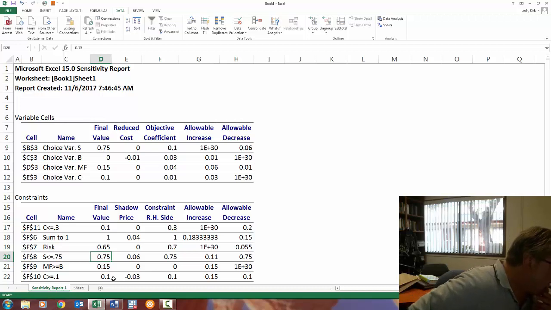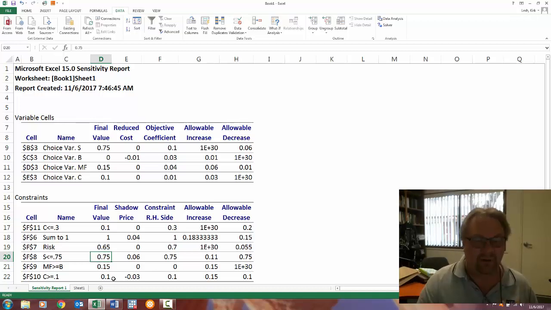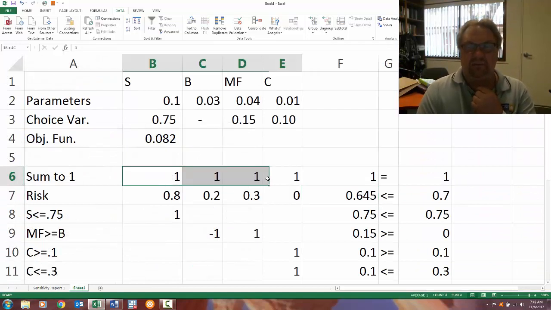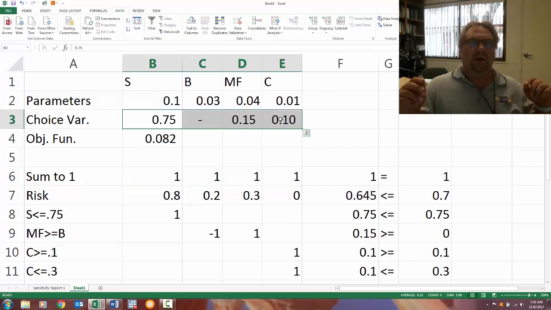E, what is the advantage of defining the decision variables as is done in this model rather than stating the amount to be invested? Well, I think we've talked about this before. Actually, this is my preferred way to do it because, see, these percentages then apply to any amount that's going to be invested.